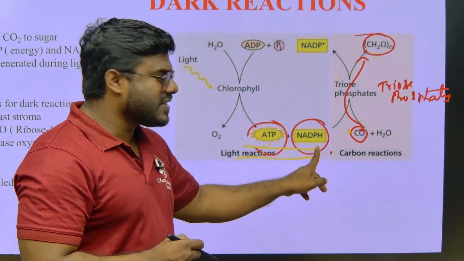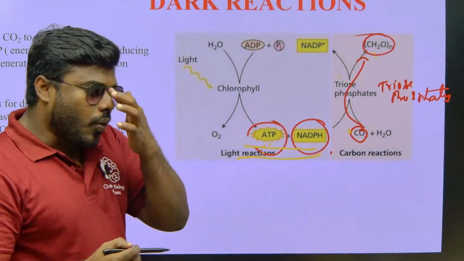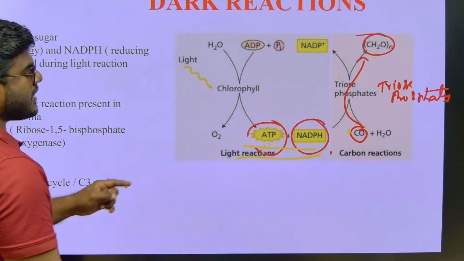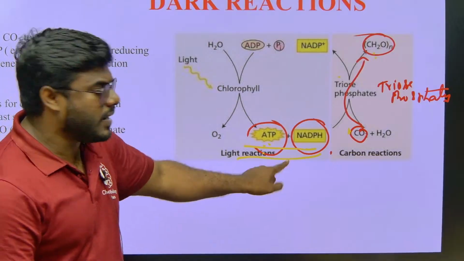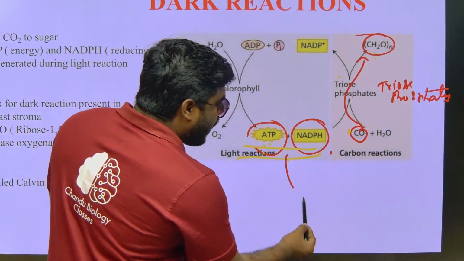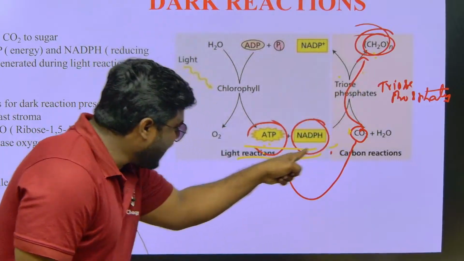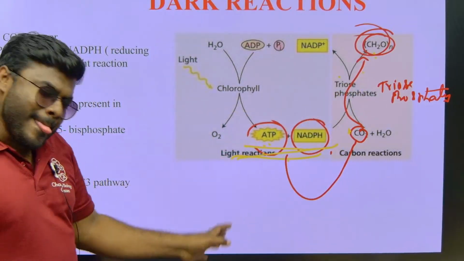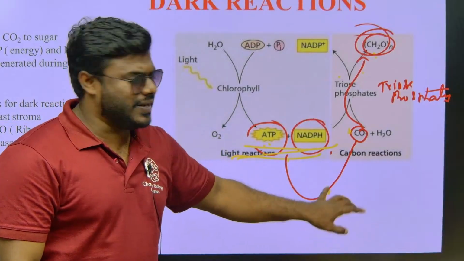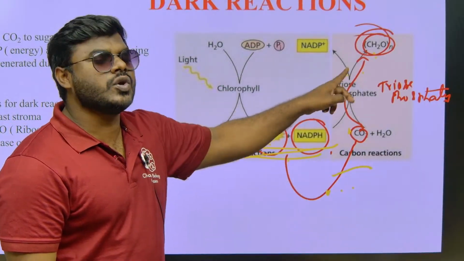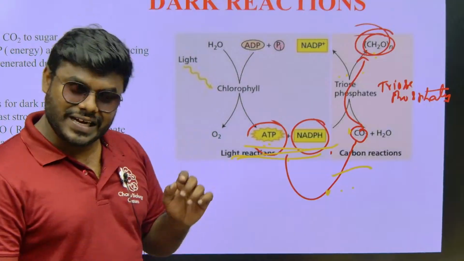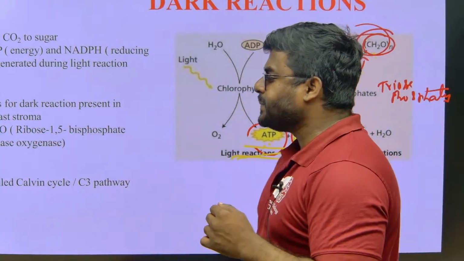So obviously their synthesis occurs in the stroma. Whatever ATP and NADPH is synthesized in the stroma are used to convert carbon into glucose. Since energy is present in the stroma only, and enzymes are also present in the stroma only, dark reactions occur exclusively in the stroma. That is the exact reason if they ask you a question.